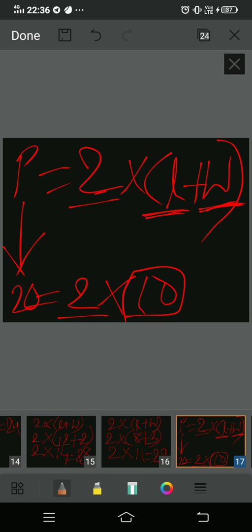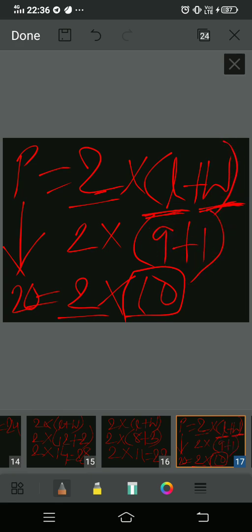That is very easy, right? You can start from 1. If you take 2 into 1 plus 9, okay, when you do 9 plus 1 you get the answer 10, right? Length you took 9, width you took 1. 9 plus 1 when you do, you get 10, right? 10 into 2 is 20, we already know. We need to find out any two sides which when you add, your answer is 10.